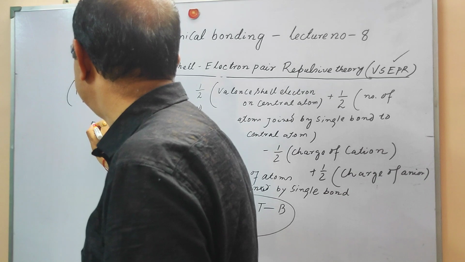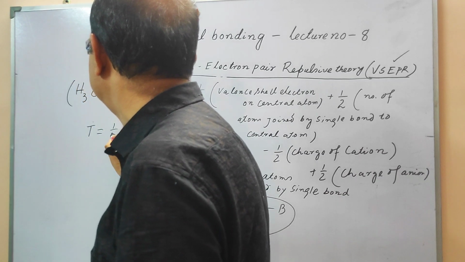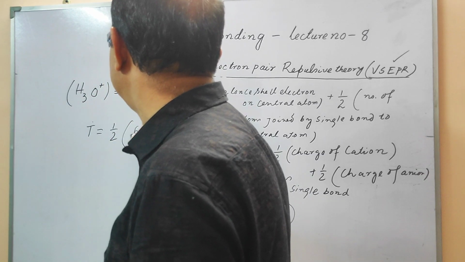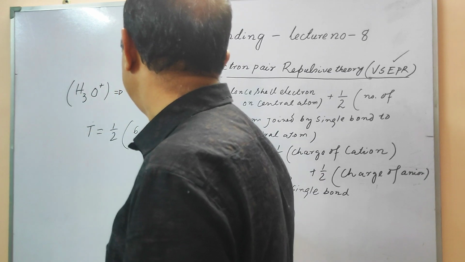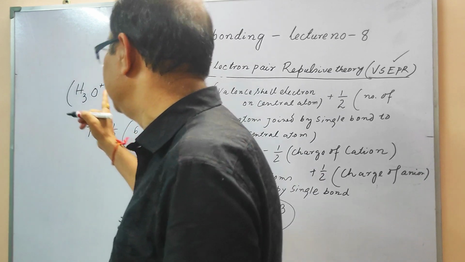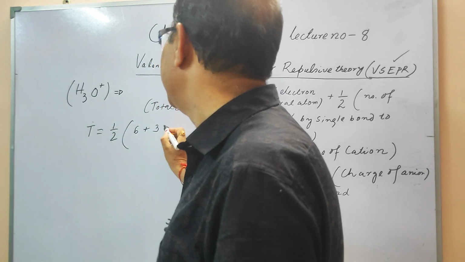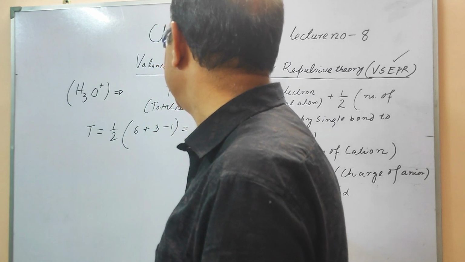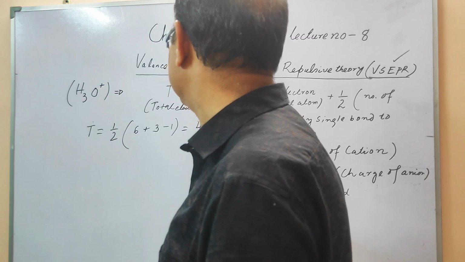First you have to know T. T is half into the valence electron of the central atom, which is 6, plus the number of atoms joined by a single bond with the central atom, which is 3, and since it is a plus charge, minus 1. So you can understand it will have a total of 4.